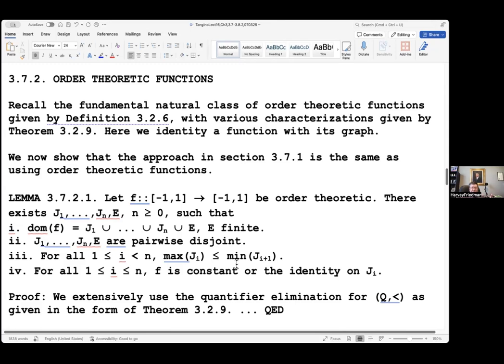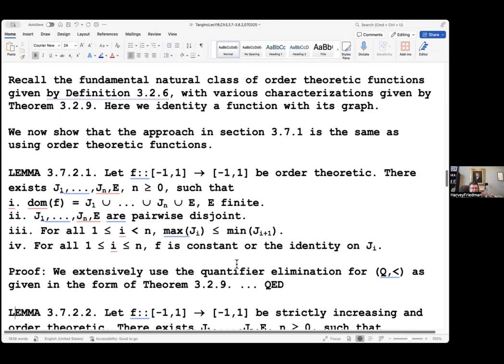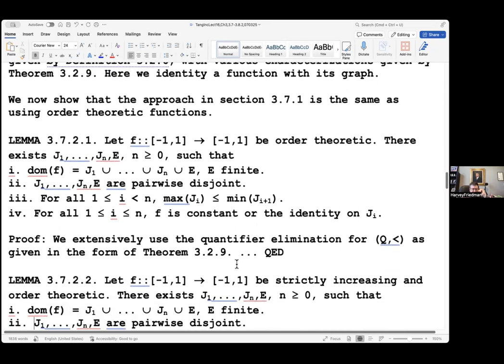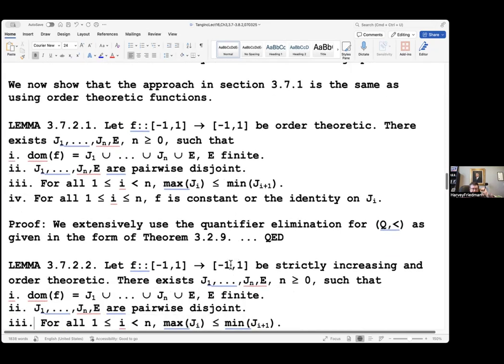You can use quantifier elimination to do this. It's actually not hard to do it with quantifier elimination. I think I'm going to put a proof in there. I am going to put a proof in the manuscripts of this fact using quantifier elimination for less than.